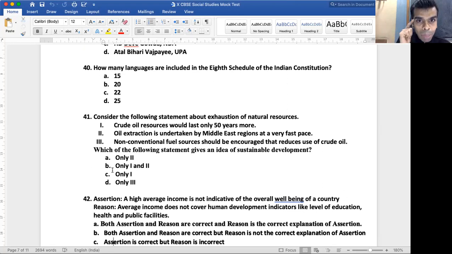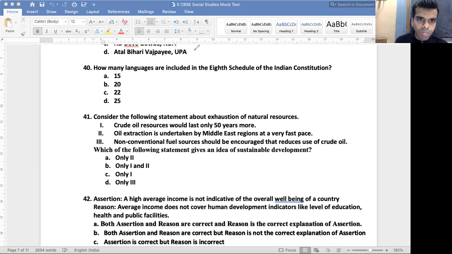Development in the present, keeping in mind the needs of the future, is sustainable. तो इसके बारे में ये तीनों स्टेटमेंट में से कौन सा स्टेटमेंट बात करता है? थर्ड स्टेटमेंट बात करता है, सिर्फ थर्ड स्टेटमेंट. So the correct answer over here is only 3, option number D.